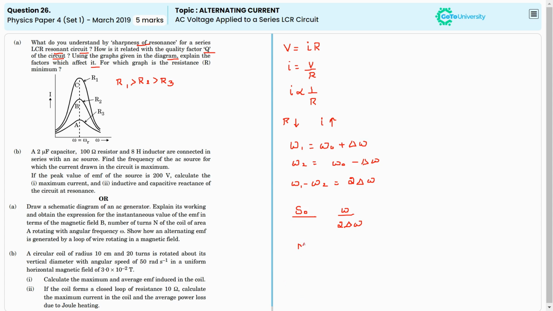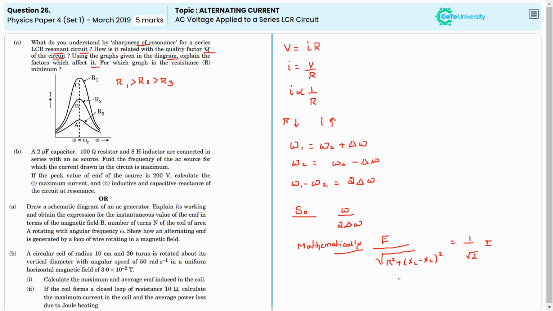Mathematically, we can write it as I is equal to E divided by under root of R square plus XL minus XC whole square, is equal to 1 by root 2 times I at omega naught.